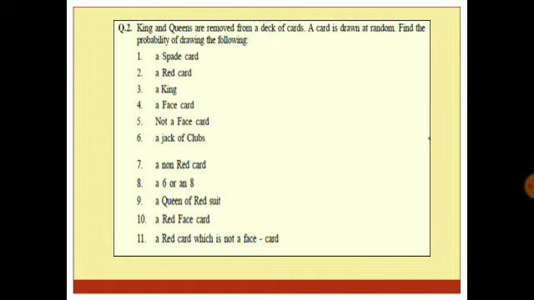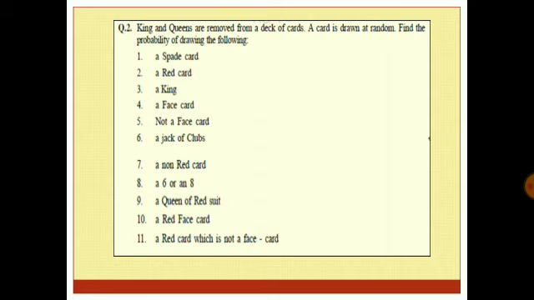A red face card. Now how many face cards are there? We have only jacks: one jack of spade, one of diamonds, one of hearts and one of clubs. So there are only 2 red face cards, that means a jack of heart and a jack of diamond. So the probability of getting a red face card will be 2 by 44, which is equal to 1 by 22.